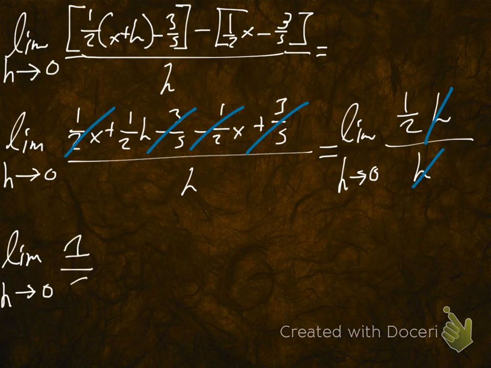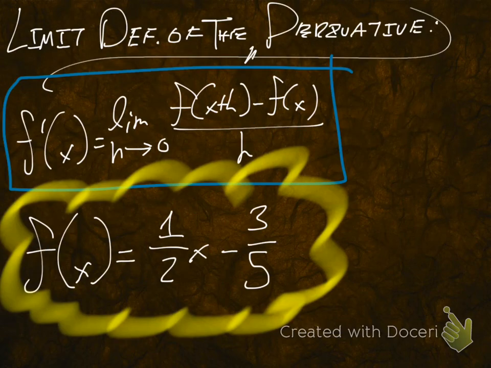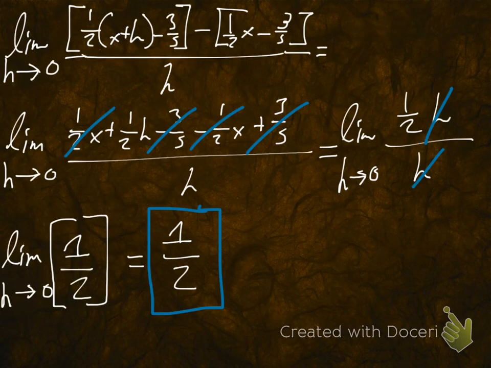Well, this should not be that hard to work out. The limit as h approaches 0 of 1/2 is just 1/2. So, 1/2. And we're done. This is the derivative of that function. So, 1/2 x minus 3/5 prime is just 1/2. We're good to go. That's all there is to this problem.